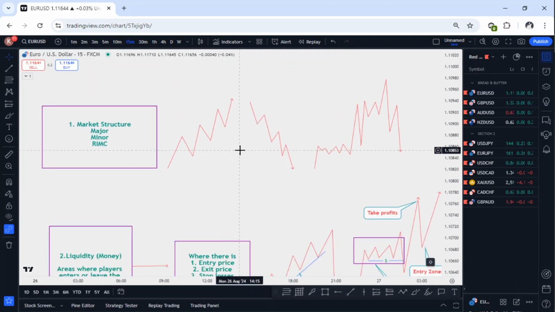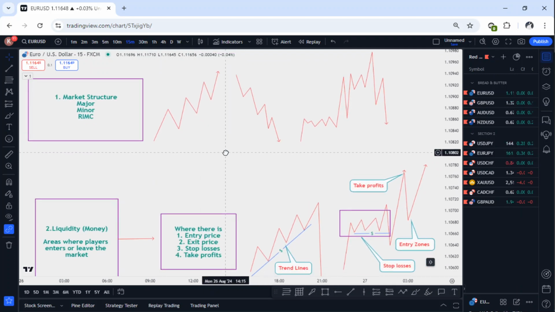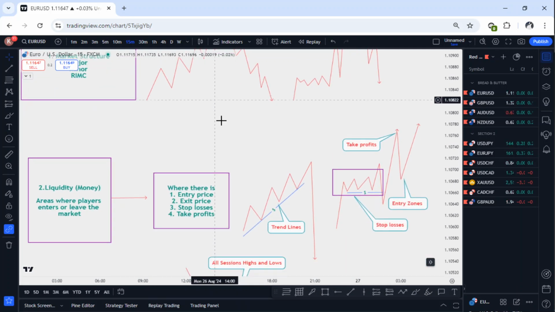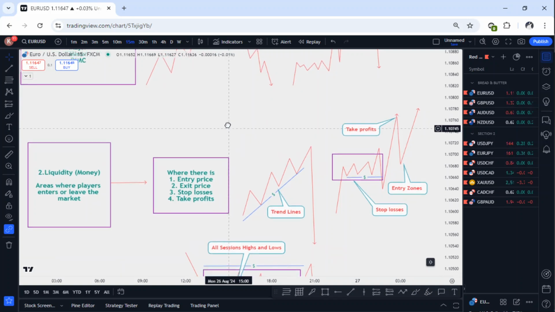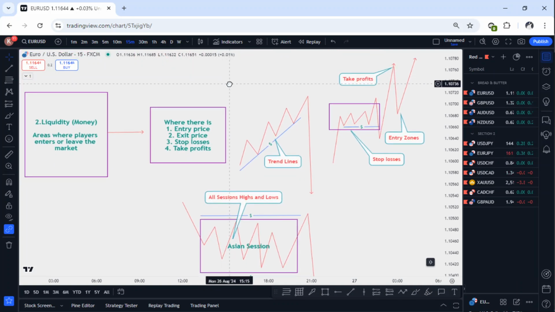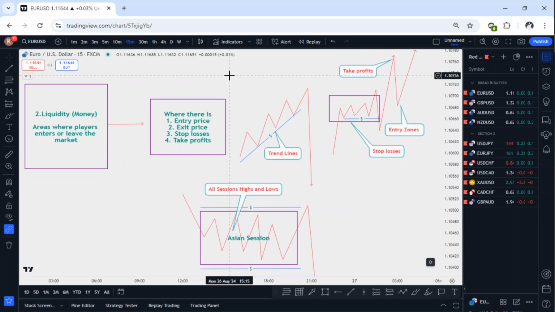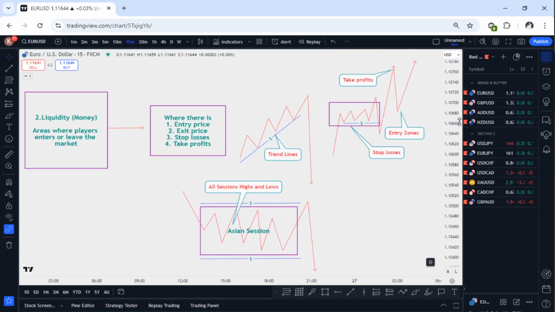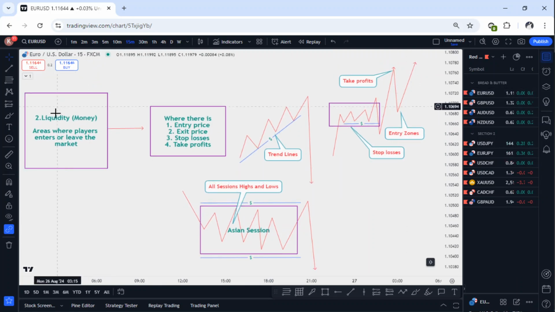Now the next smart money concept that you need to know, maybe as a beginner, is what is called liquidity. When you're starting, liquidity becomes really complicated and a little bit confusing, but in simple terms, liquidity only refers to money.